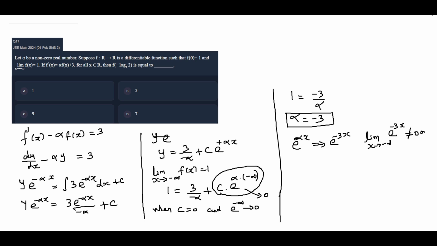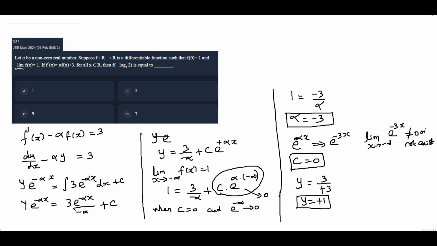Okay, which means c must be 0. So the function will be y equal to 3 by minus alpha, alpha value is minus 3, so alpha it is plus 3, sorry, y equal to plus 1 because 3 by minus alpha.